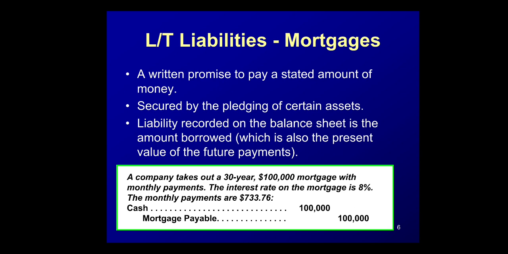A company takes out a 30-year $100,000 long-term loan with monthly payments. The interest rate on the loan is 8%. The monthly payment is $733.76. So if this is the situation, how to record this transaction?